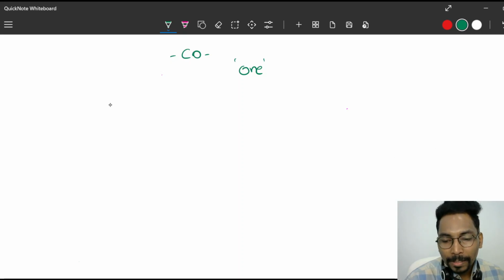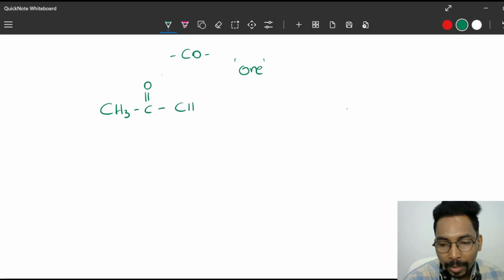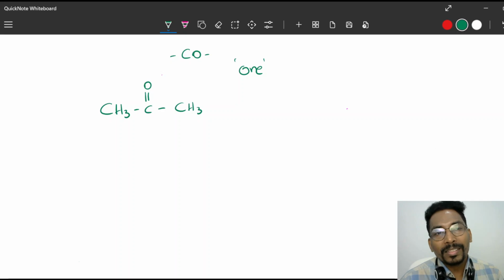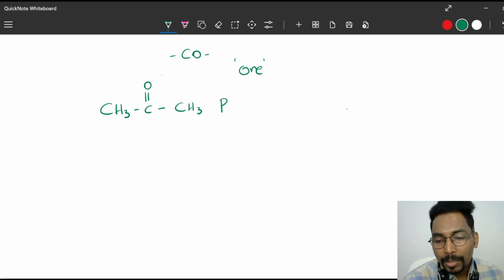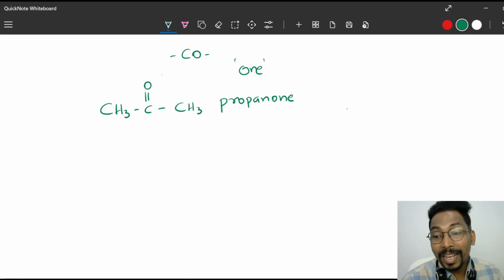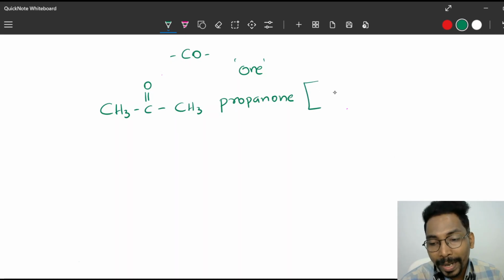Okay. So CH3 C double bond O CH3. This is the first member. So this is propanone. Okay, this has a very important common name as well, that is acetone.